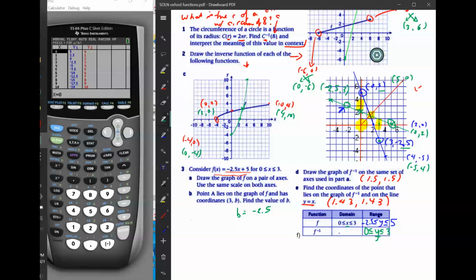And then for the green function, the domain, or the x coordinate, ranges from negative 2.5 to 5. Okay, so finding the domain and range of the green and blue functions, ignore the fact that I went too far.